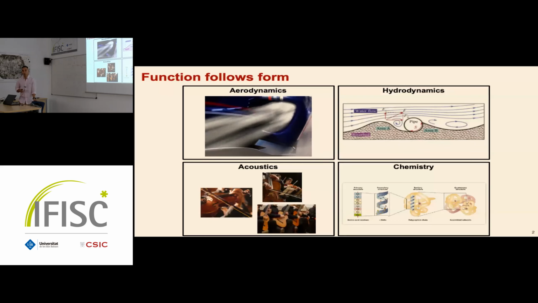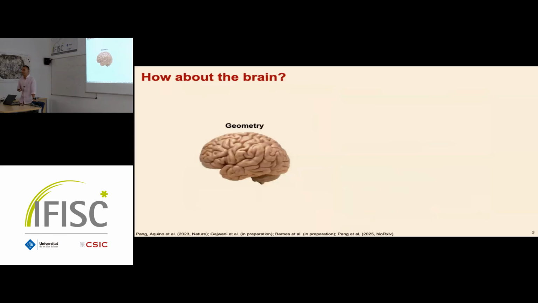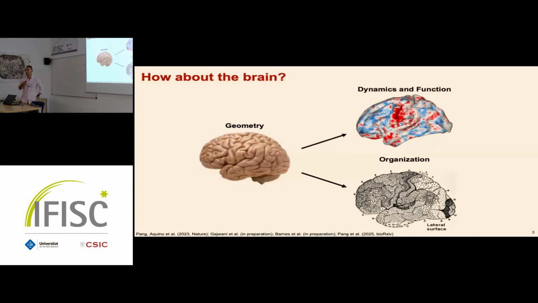So we know that the brain is inherently a physical system. It's embedded in three-dimensional space, and it has a three-dimensional structure. So that's the reason why in this talk, I'm going to follow through that same line of thinking and ask: if we just look plainly at the geometry of the brain, can we actually say something about its emerging dynamics and function?